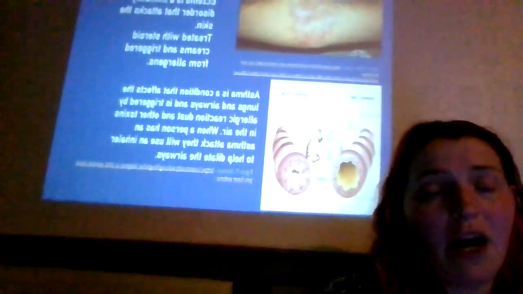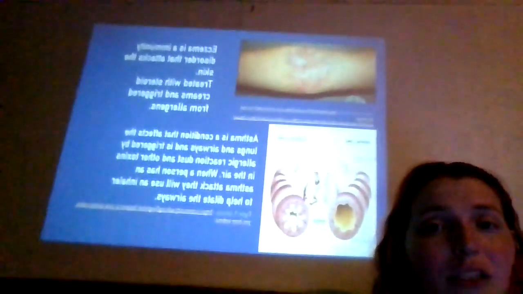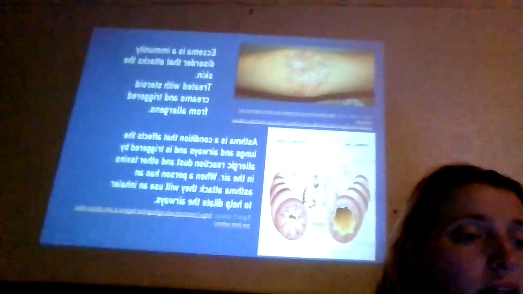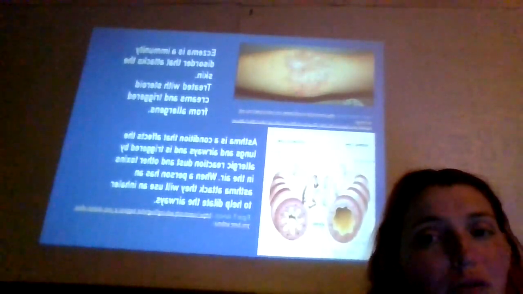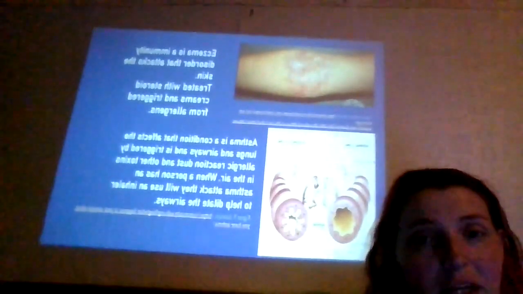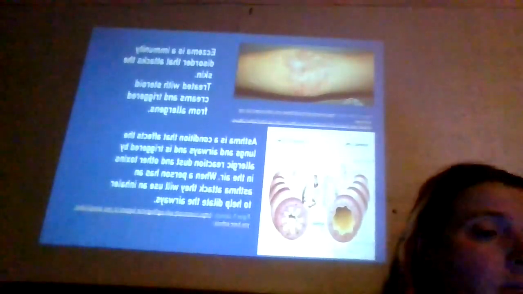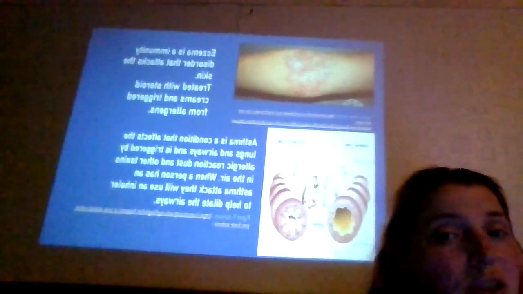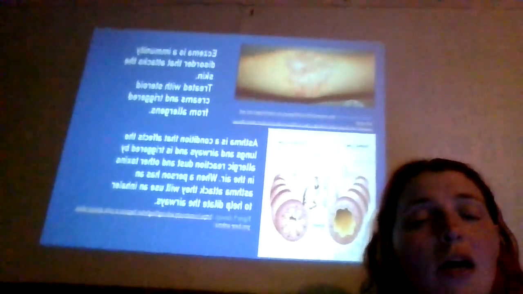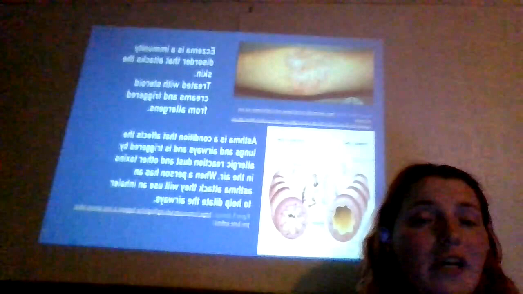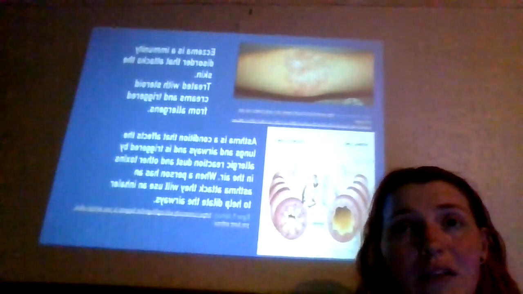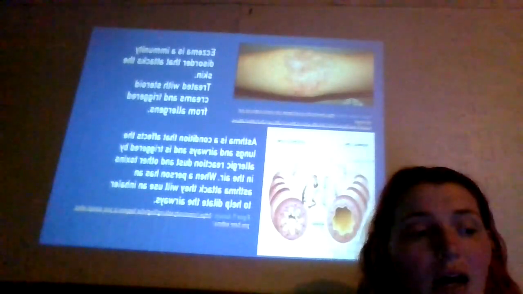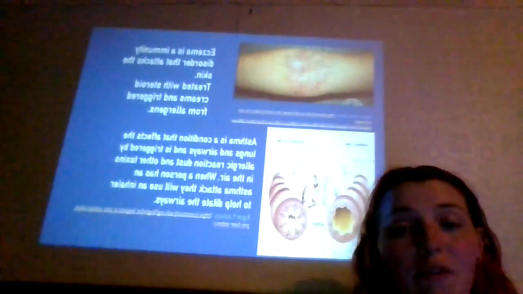So you have eczema, which mainly attacks the skin, and it becomes very dry, flaky, painful, itchy, and it can spread anywhere. And then you have asthma, which is also incredibly common, and it affects the airways and the lungs if you are allergic to mainly dust or have very bad viral infections.